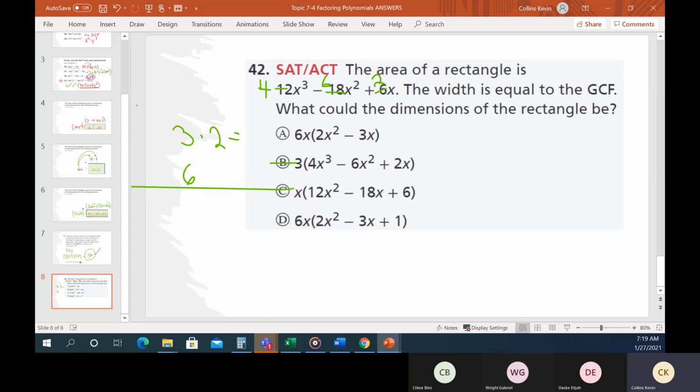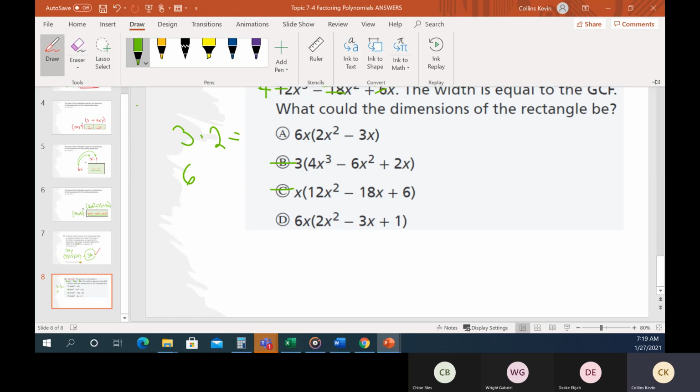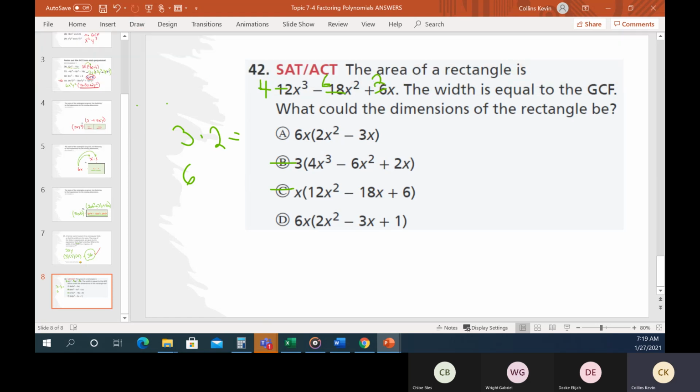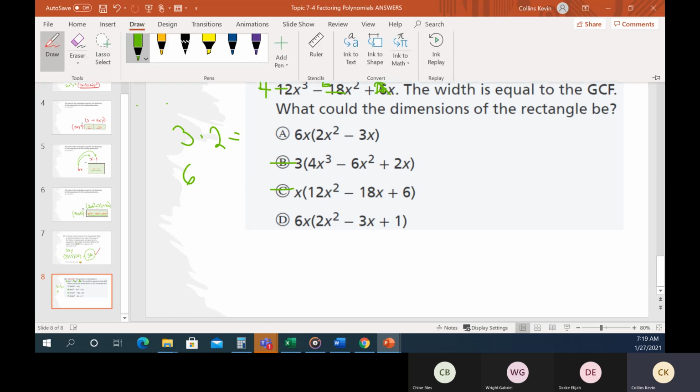This doesn't have a 6 factored out, so we cross him off, right? Okay, so we're down to these two guys. Now the question is, if I divide all these guys by 6x, am I going to get 3 terms or 2 terms?